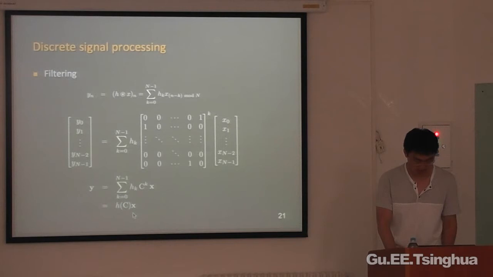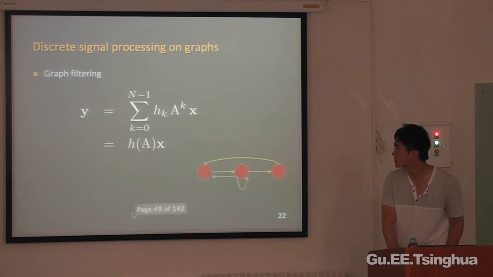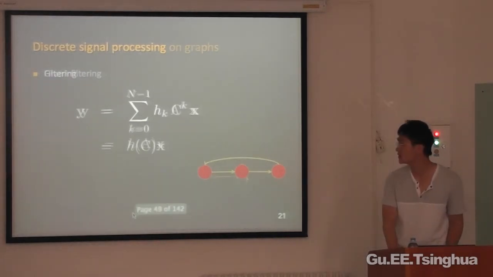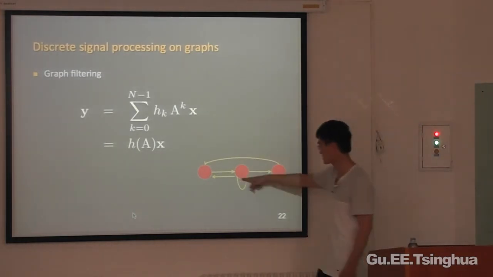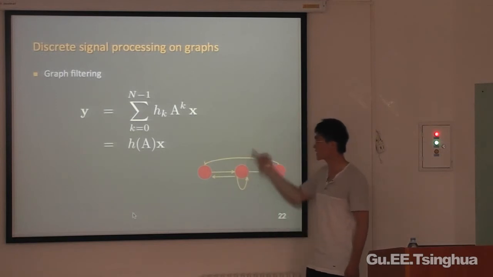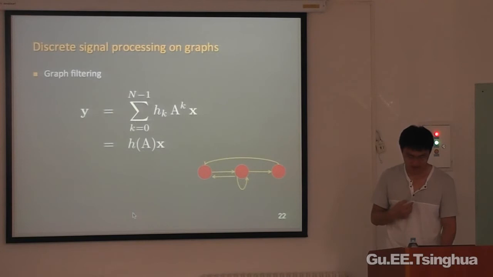And we can naturally generalize this. I replace C by A. So previously we saw that we add some more edges at this edge and this edge, then we get A. If we specify this A is a cyclic permutation matrix, then we go back to classical DSP.